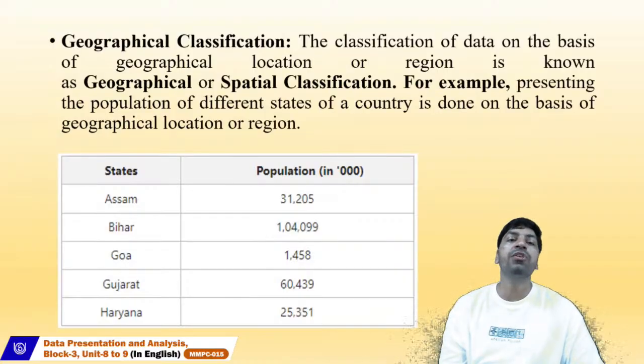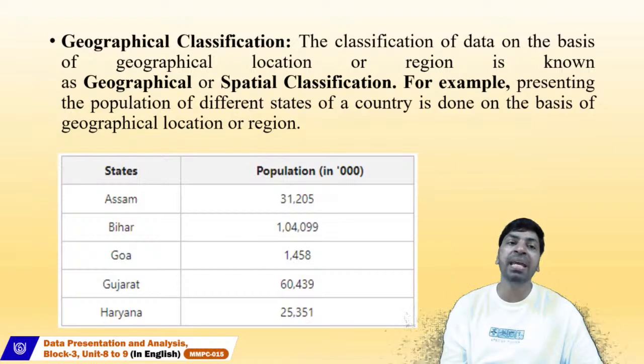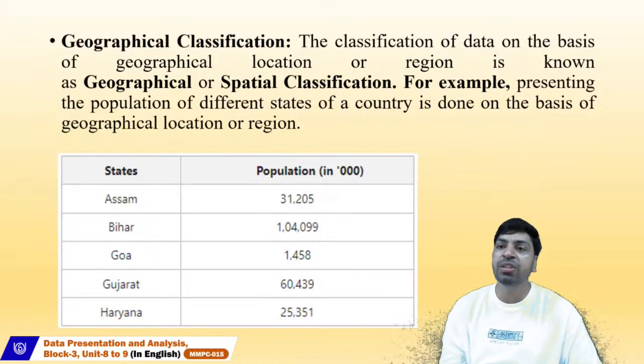Let's talk about the geographical classification. As I already stated in the diagram, the classification of data can be based on the geographical location or the region, and that is called the geographical or spatial classification. For example, presenting the population of different states of a country is based on geographical location. In India, like Assam, Bihar, Goa, Gujarat, and Haryana.